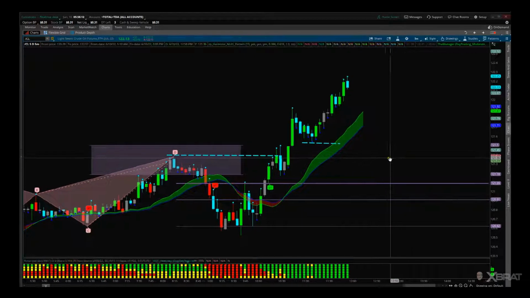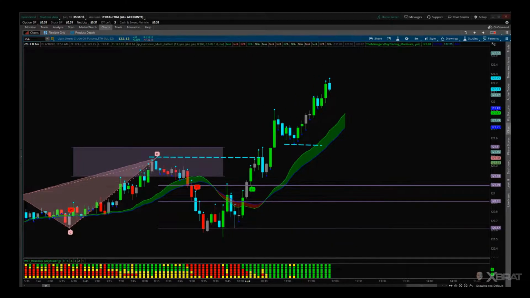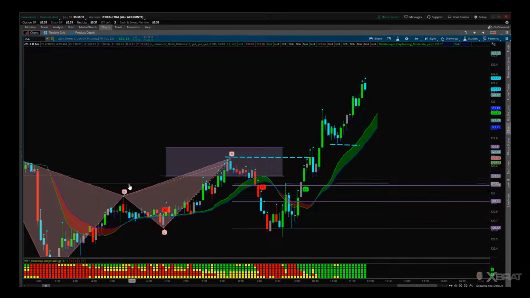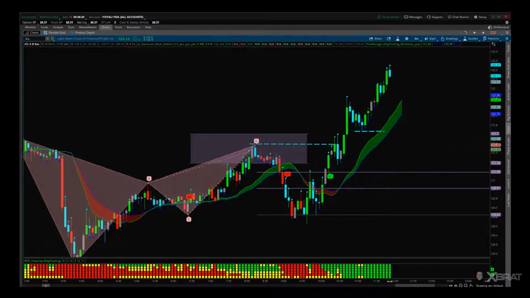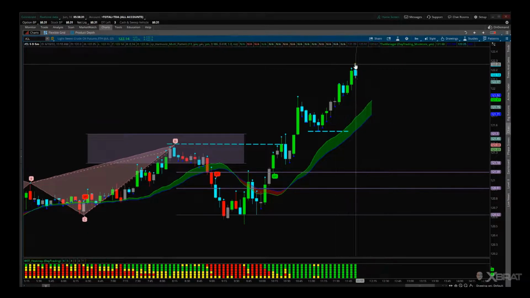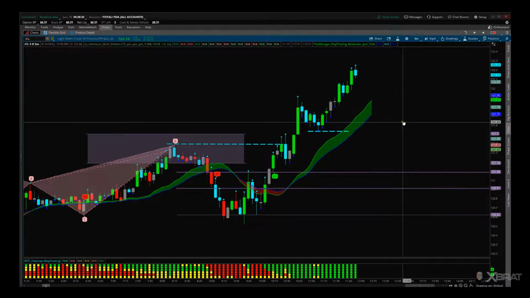What we're looking for now is we didn't get a runner because the situation wasn't right with the harmonic pattern, but we took 54 ticks. What the situation we've got in now with oil is that the ribbon for the manager is pretty wide. The thing we've got to look for now is we've got to look at these dots up above or below.